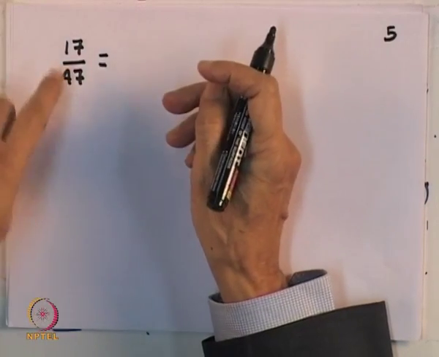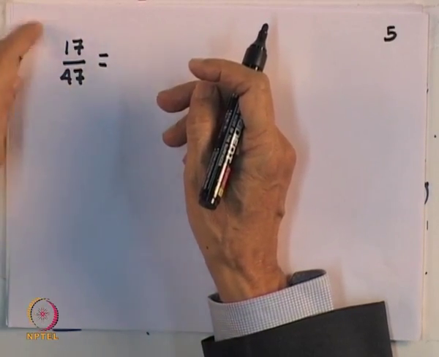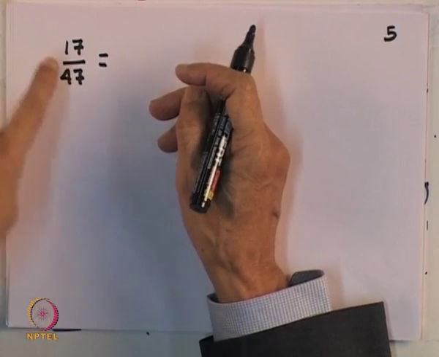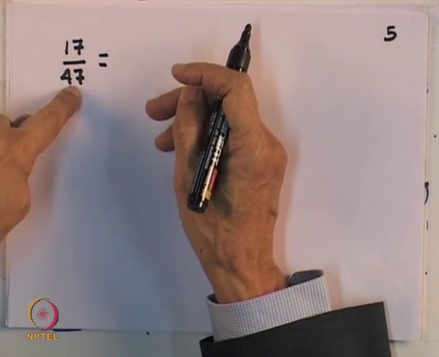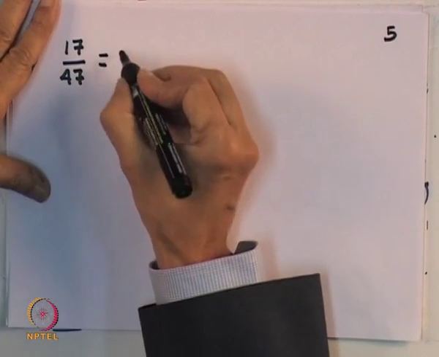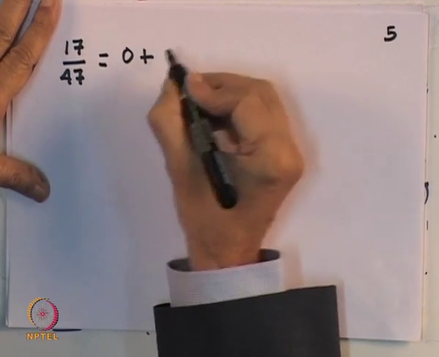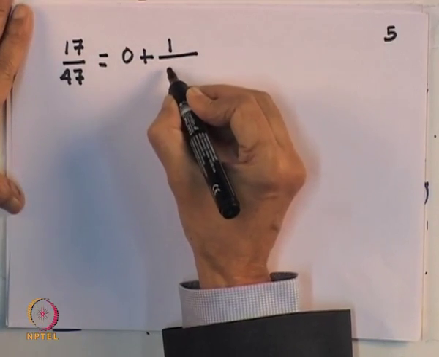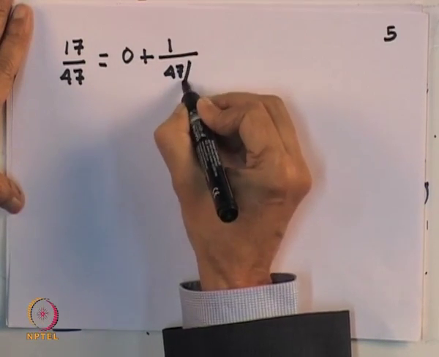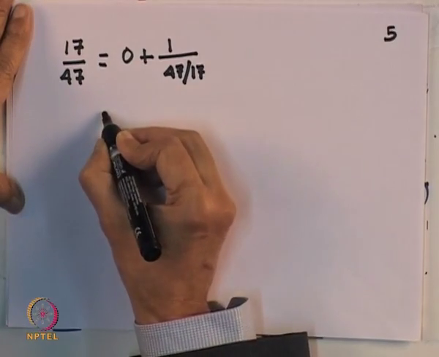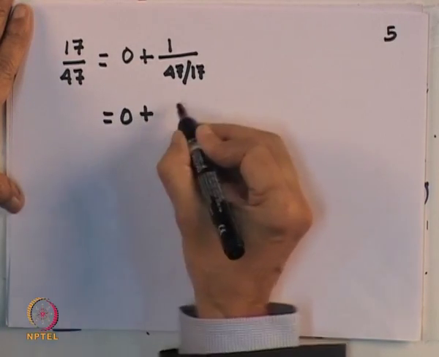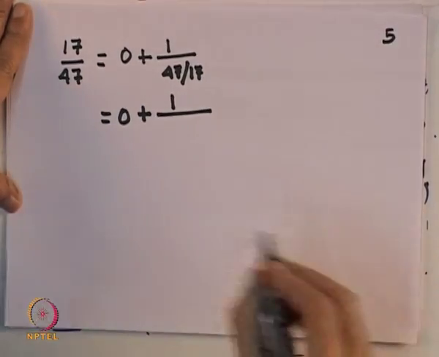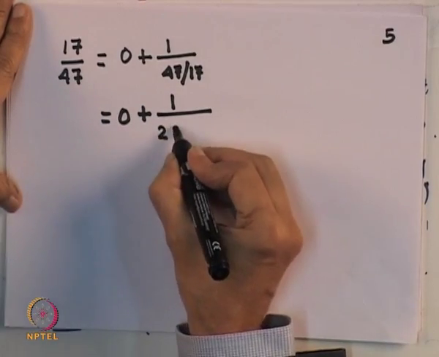So how do I express this as a continued fraction? First, find its integral part, which in all our cases will be 0, because we have said that there would be a number here and this will be the bigger number. So this is 0 plus. Now you write this as 1 over 47 by 17. Now again determine the integer part, which is 2 in this case.